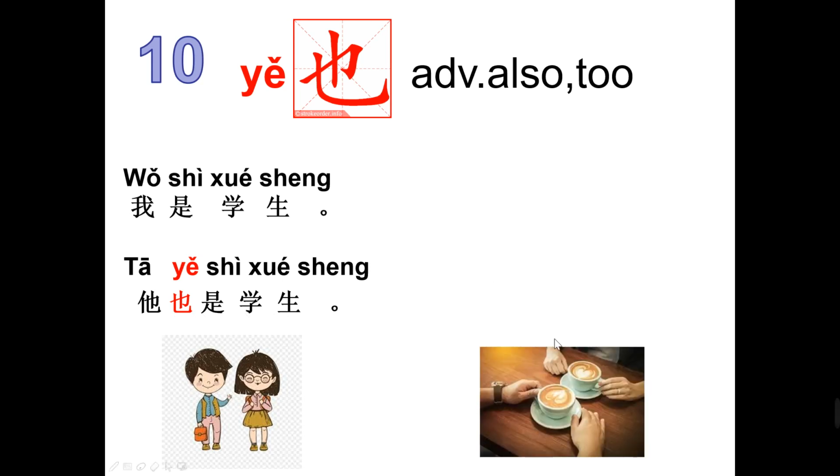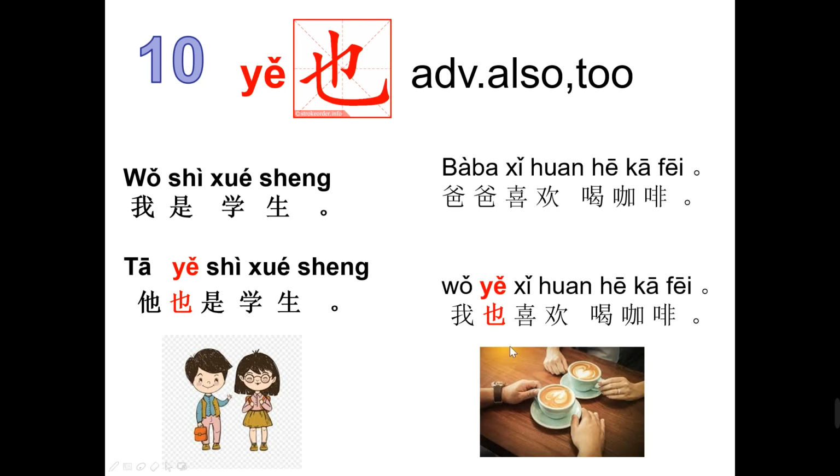Another example. This can also be put before a verb. For example, 爸爸喜欢喝咖啡。Father likes drinking coffee.